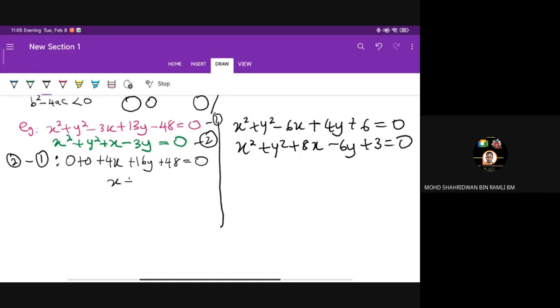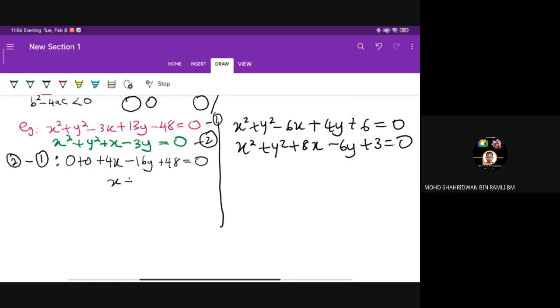Let me check: x square minus x square, y square minus y square, x minus minus... this one will be minus, and this one, minus 48, will be plus.